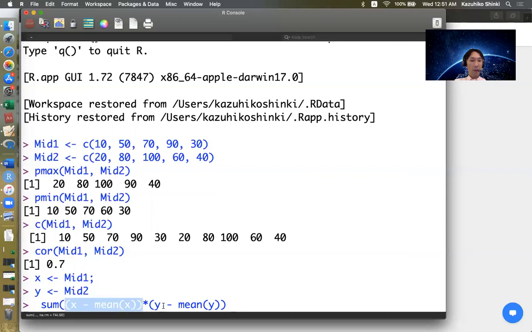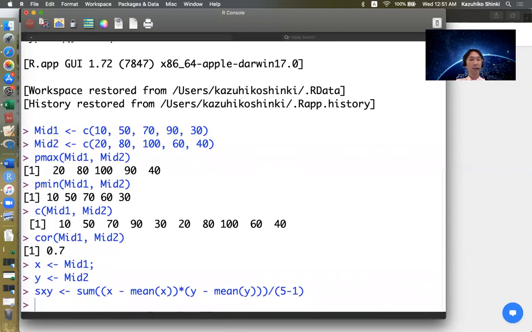So this part is the summand inside the summation, the xi minus x bar times yi minus y bar. Then take the summation. Then we divide this by n minus 1. We have 5 observations, so 5 minus 1. So this is the covariance S sub xy. We name it SXY.